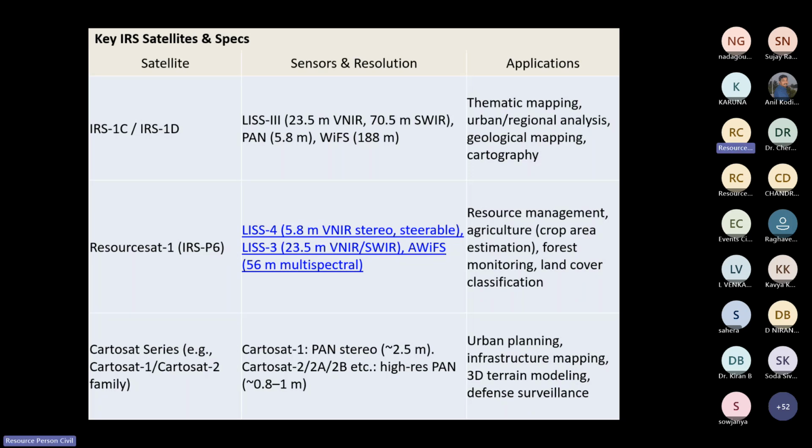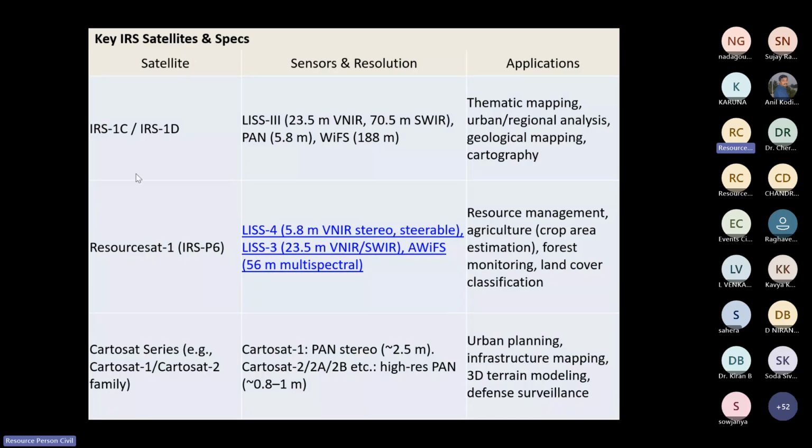LISS-3 has 23.5 meter resolution. That means on the ground, 23.5 by 23.5 meters, which is approximately 600 or 595 square meters of area. Anything larger than that is captured by our satellite sensors, or cameras, I can say.